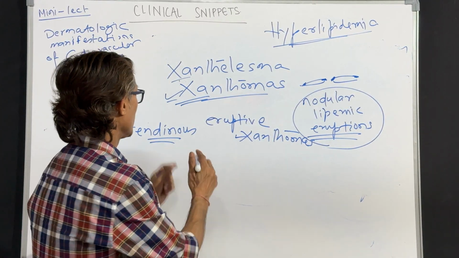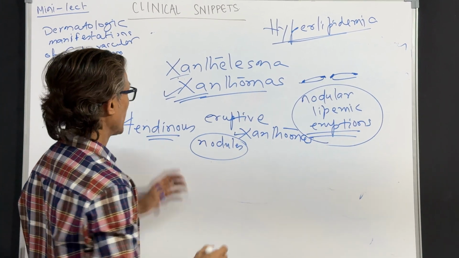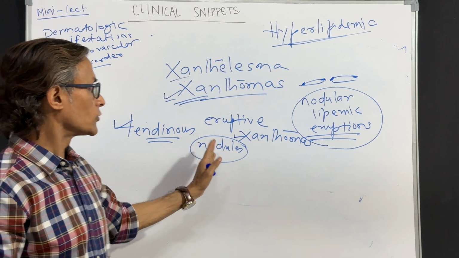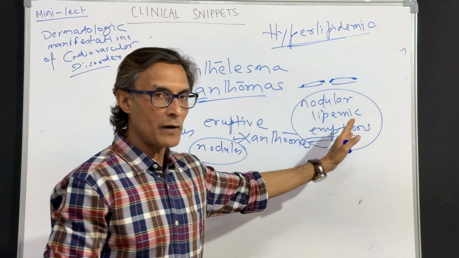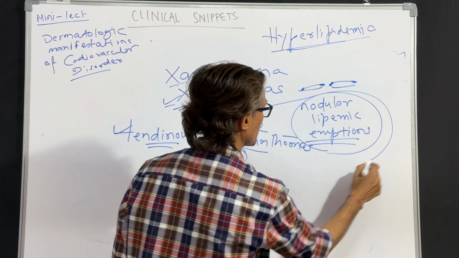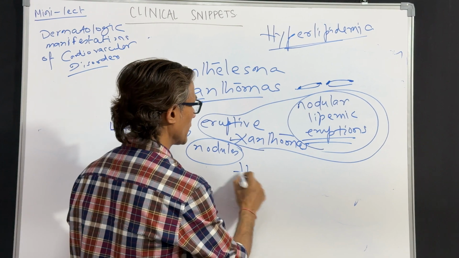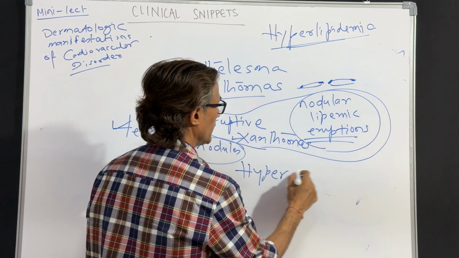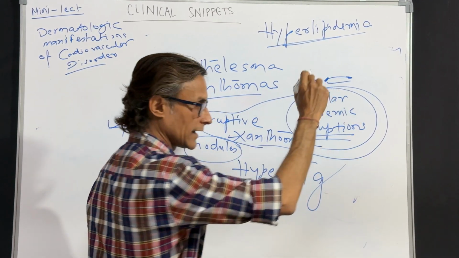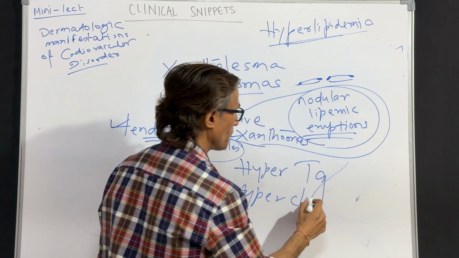They resemble nodules. Eruptive xanthomas especially are very specific in hypertriglyceridemia and hyperchylomicronemia.